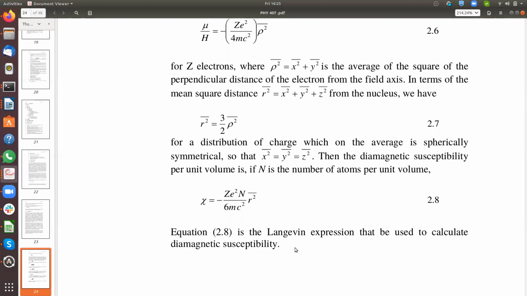So equation 2.8 is the Langevin expression that has been used to calculate diamagnetic susceptibility. Take note, somebody can ask you to just write an expression for the Langevin equation in terms of susceptibility. Just write this expression, then you define each of the terms: what is Z, what is N, what is C, and what is R.